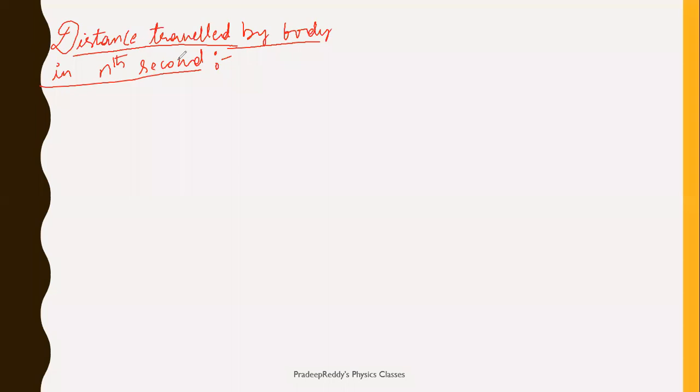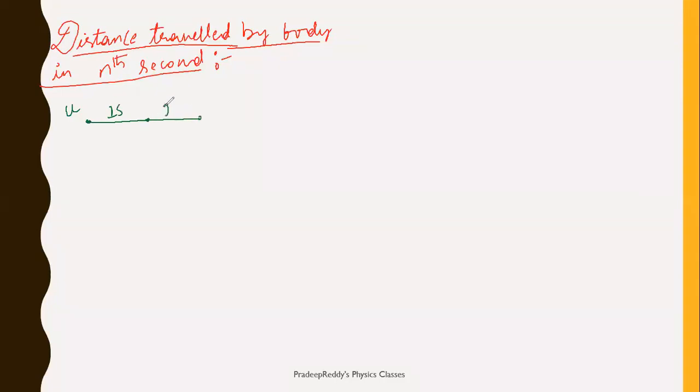Students, in this particular slide, we are going to derive the equation for distance traveled by the body in the nth second. For that, let me consider a body starting at this point A, and its initial velocity, let it be u. In 1 second, it will be traveling a certain distance. In the first second, it is traveling this much distance.